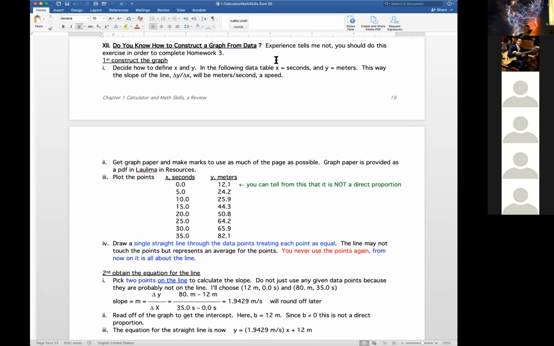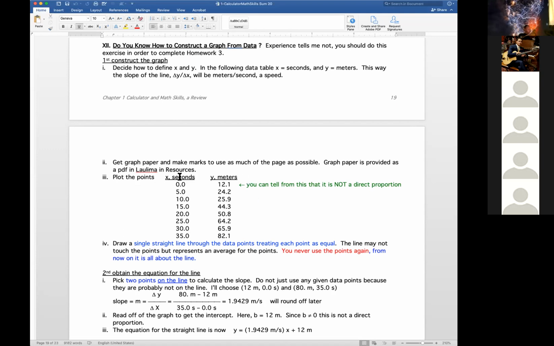So what about graphing? It's in the prerequisites. People are supposed to be able to do simple graphs. Then when I actually had students try to do a simple graph, I realized that most of them can't do it. They have no clue what they're doing. So I think this is very important. Anyway, first we have to get the graph. You have to decide which one is X, which one is Y. Here's the data that we're using.